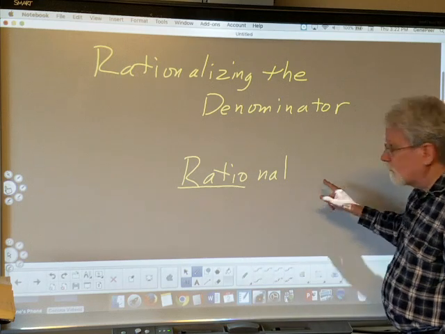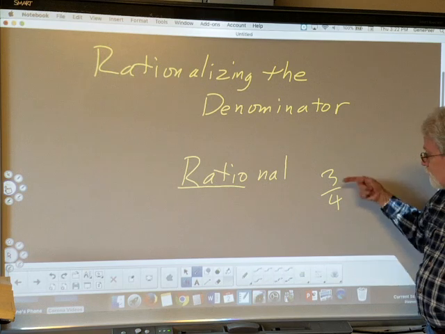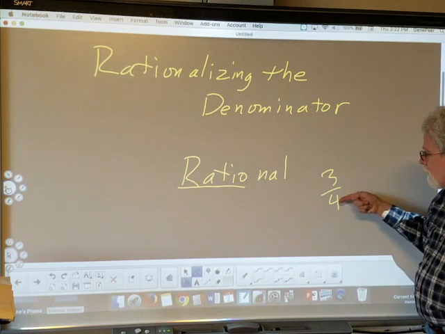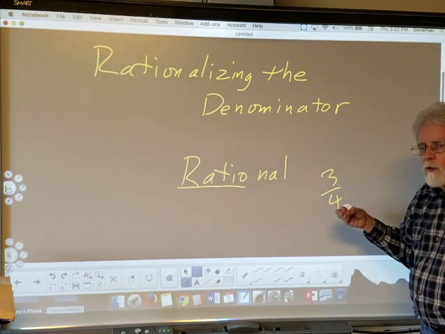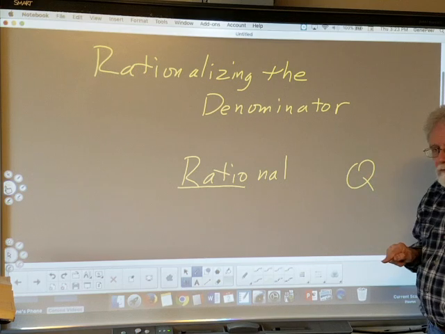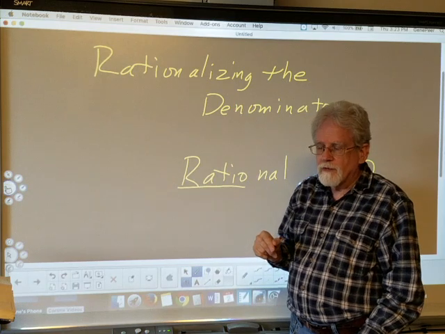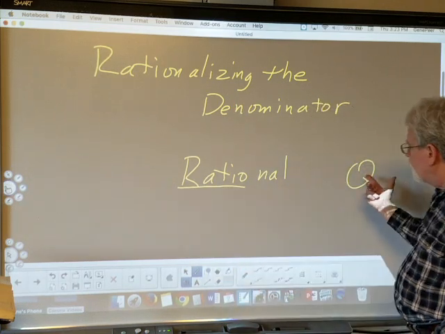Remember, a ratio looks like a fraction. And if you take 3 and divide by 4, the answer to that is called the quotient. That's why we use Q as the symbol to represent the rational numbers, because ratios are quotients, and quotient starts with Q.